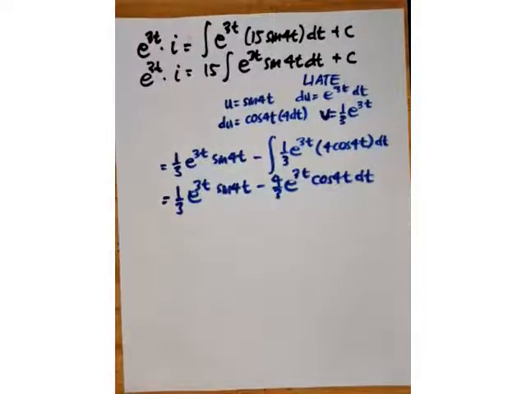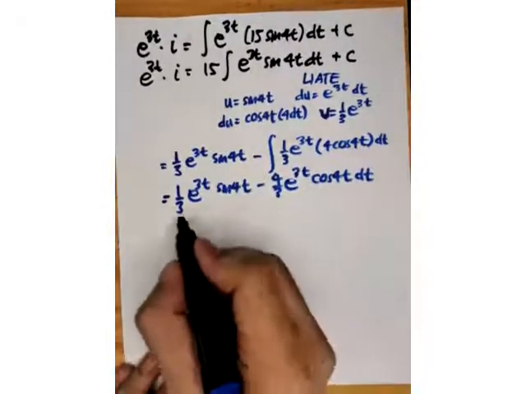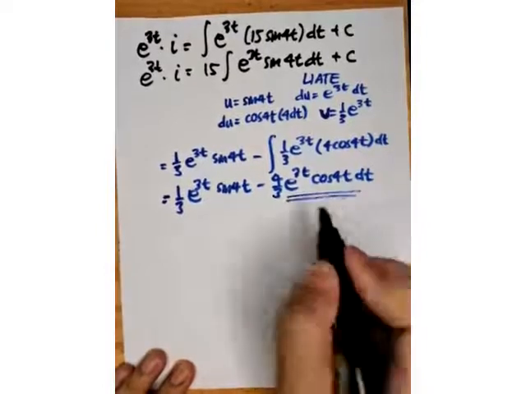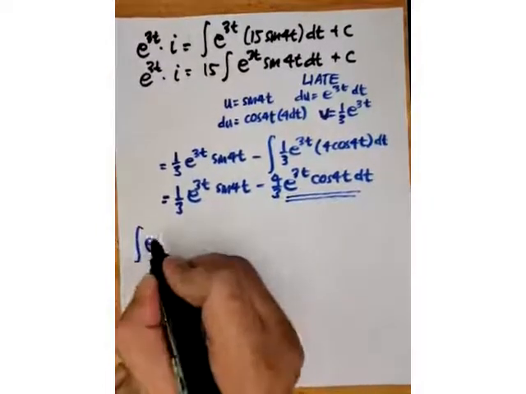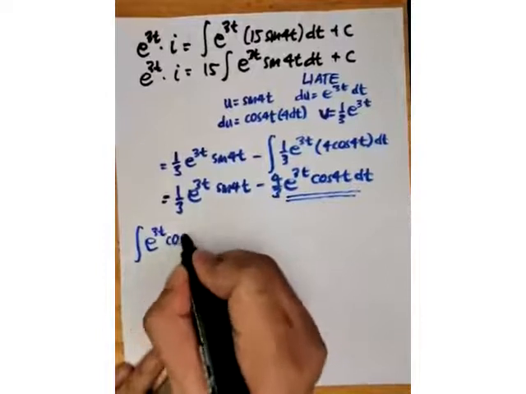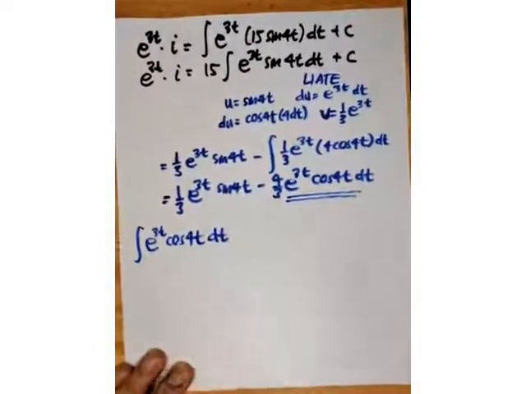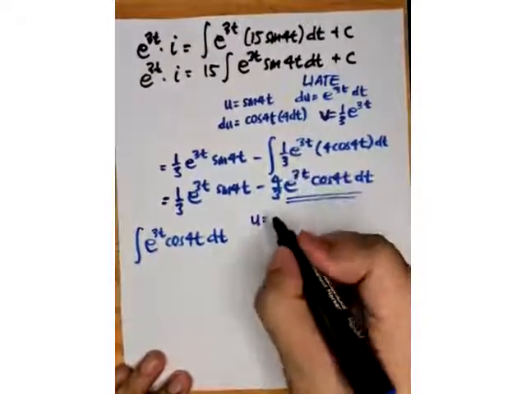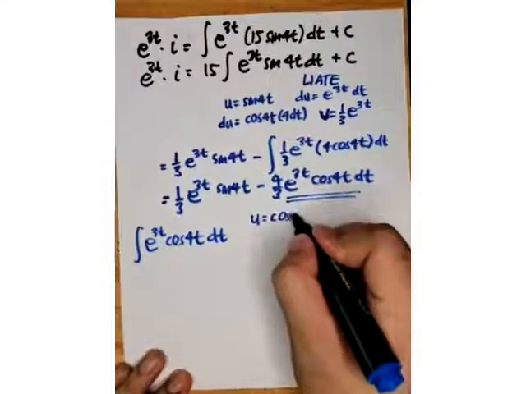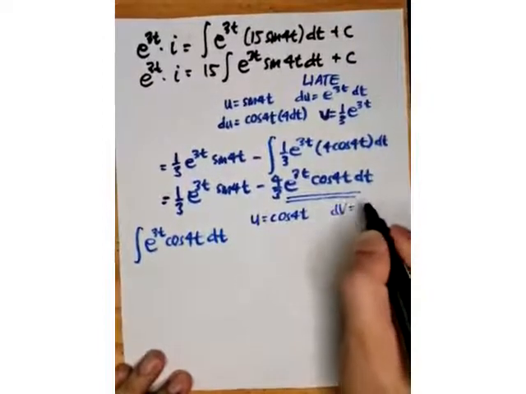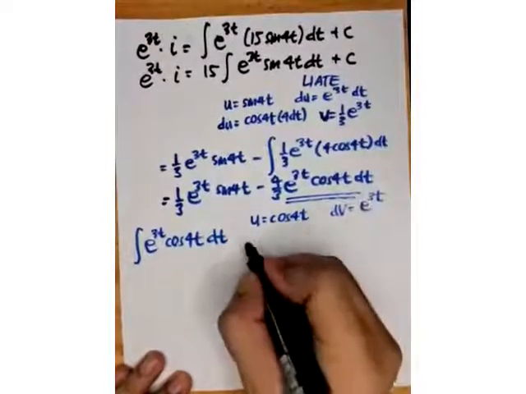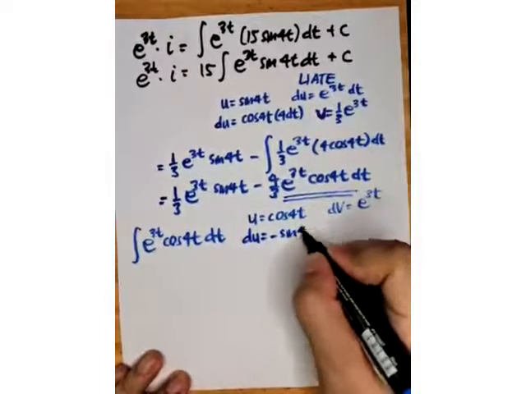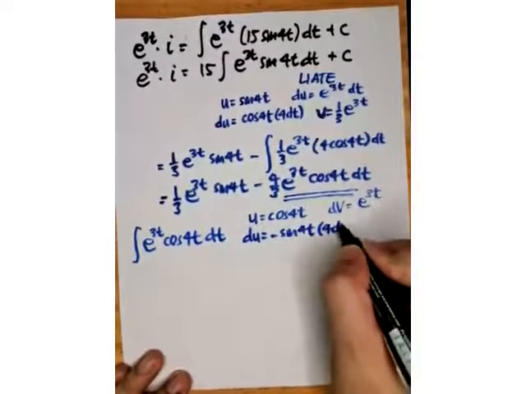Next, magba-by parts tayo ulit. So, ito ay iiwanan ko na muna. Okay, class, ito lang. So, ano ang integral ng e raised to 3t cosine 40 dt? Ayan. Okay? So, ang u ko is the same, yung algebra as trigo. That's cosine 40. At yung dv ay yung e raised to 3t. So, anong du? So, du is negative sine 40 times 4 dt.